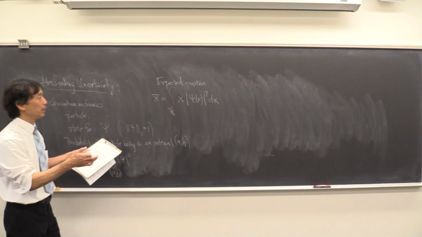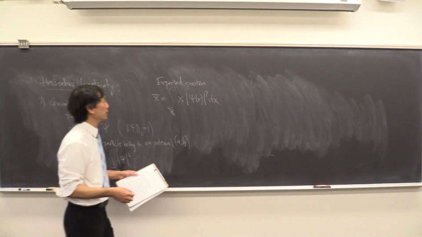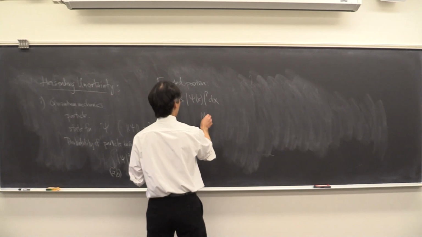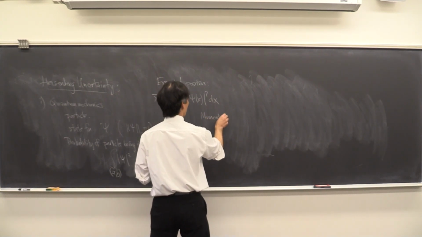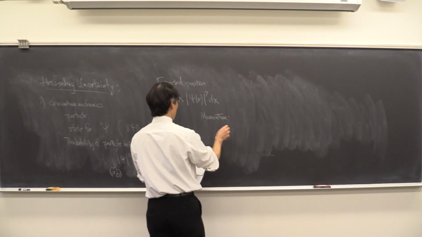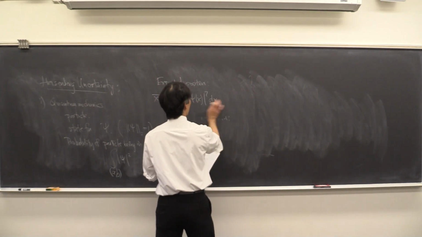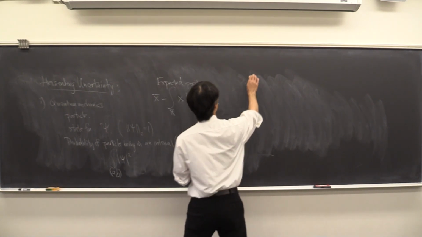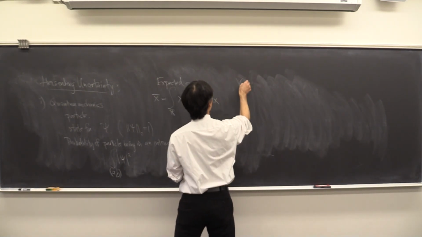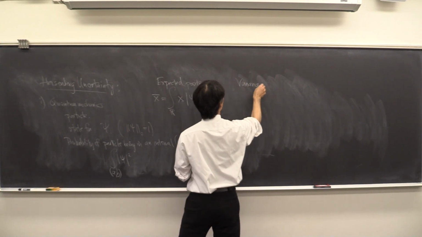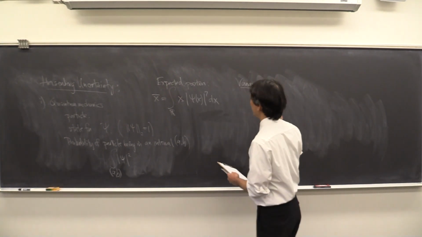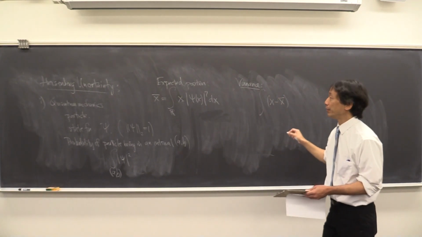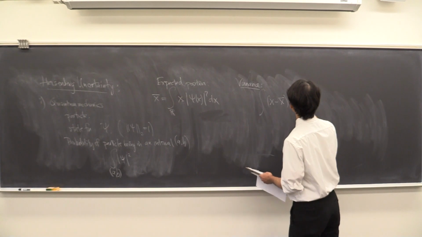It's like the average, basically. Sorry, I should say we also have this thing called the variance, which is basically measuring how much you deviate from the expected position. On the other hand, we've got momentum.